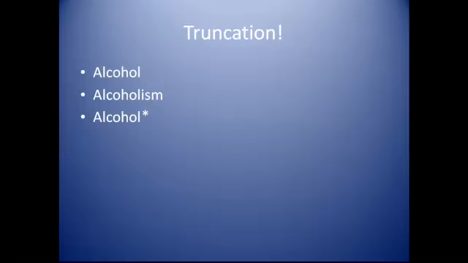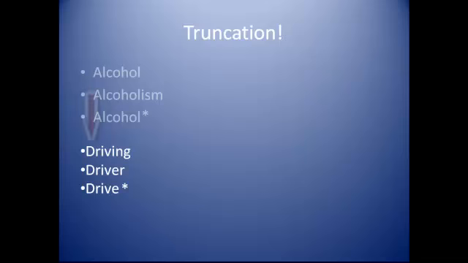The trick is to find the root of the word. Let's look at another example. The word driving could also be driver. In this case, if I use D-R-I-V-E with an asterisk, I would not get driving. Why? Let's look at the two words.